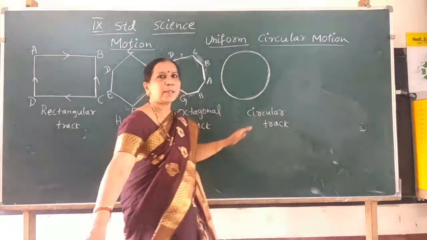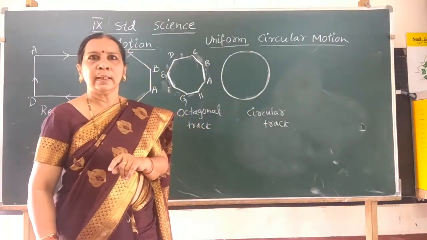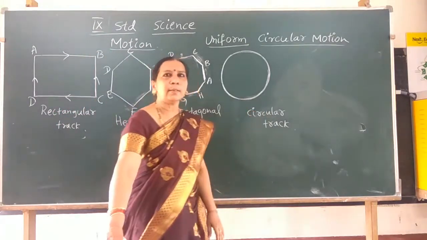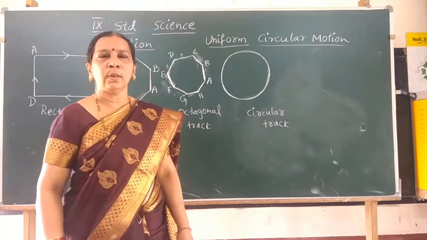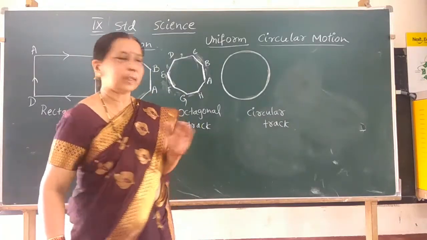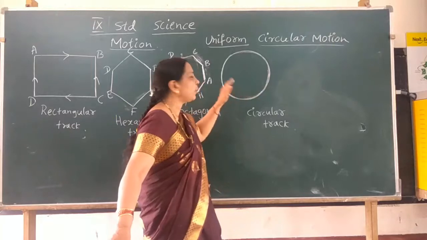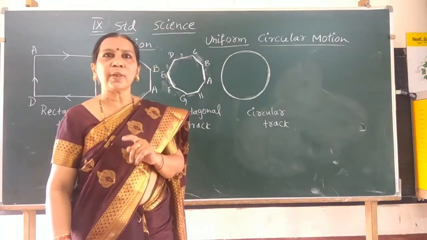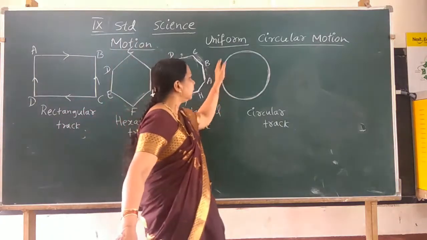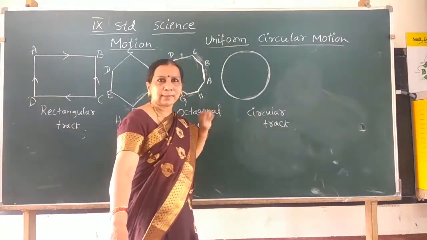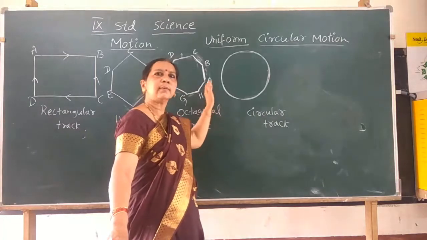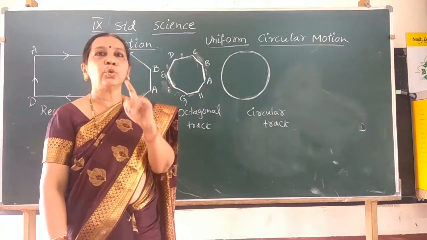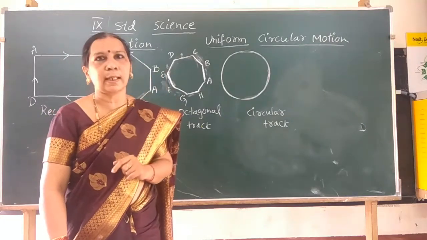If an athlete completes one round in the circular track of radius r, then what will be the circumference of the circle? The path of the athlete is circular. He is running one round around the circular path once by taking t seconds.